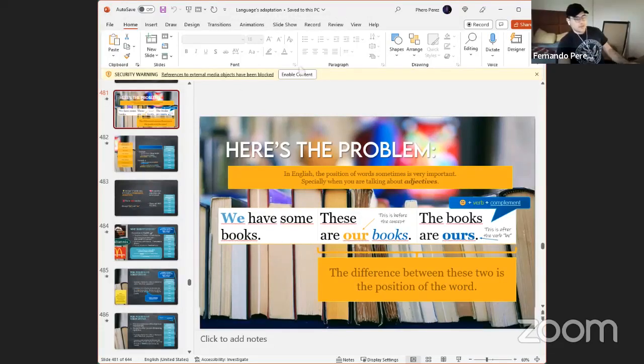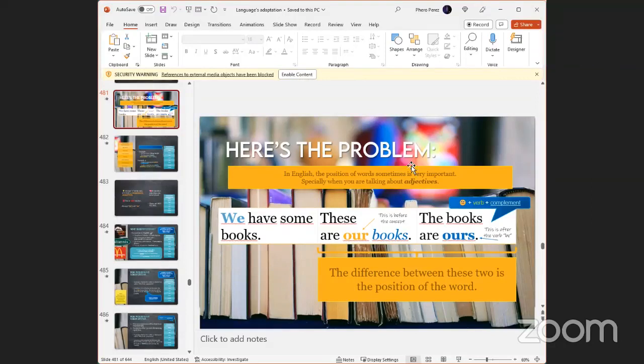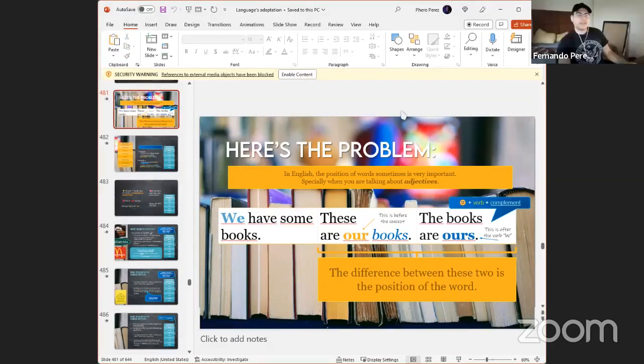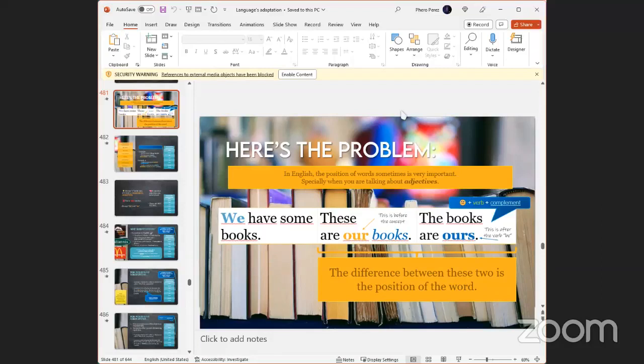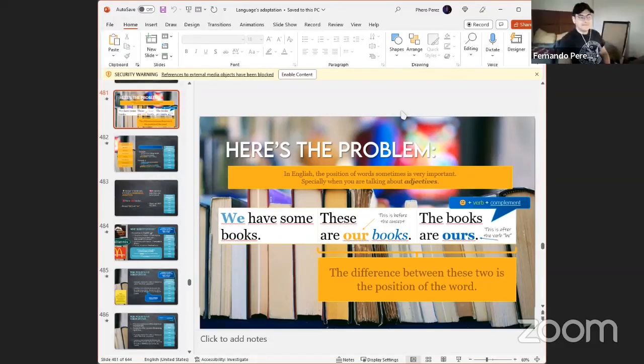Do you need help? Guys, help us. What is the function of an adjective? Describe the nouns. They describe.